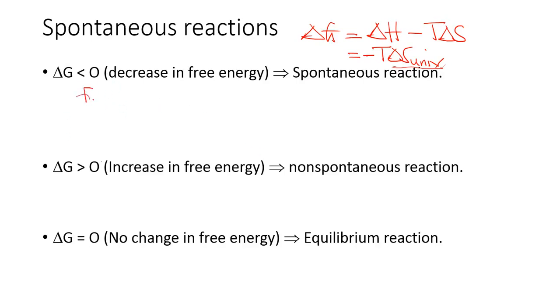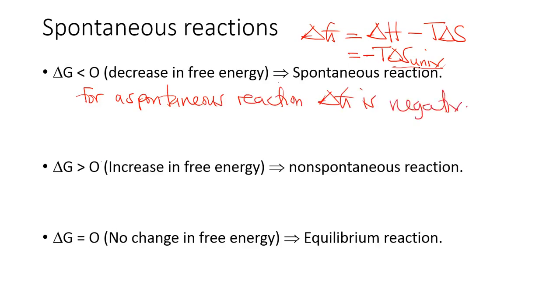So I'll say for a spontaneous reaction, delta G is negative. That is, the change in Gibbs free energy is negative.